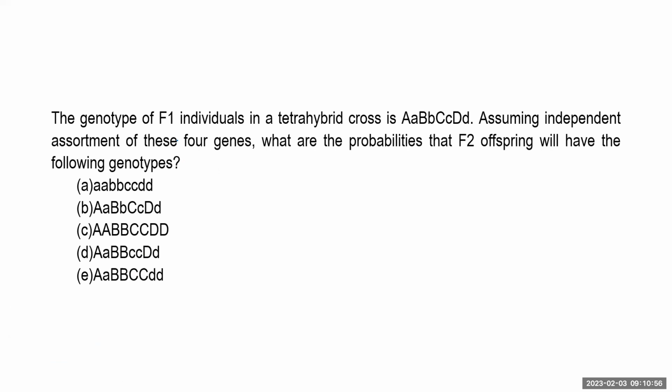Oh, this is the tetrahybrid cross. So monohybrid, dihybrid, trihybrid, and tetrahybrid. Four characters taken into consideration. So they're all assuming independent assortment of these four genes. What are the probabilities that F2 offspring will have the following genotypes?